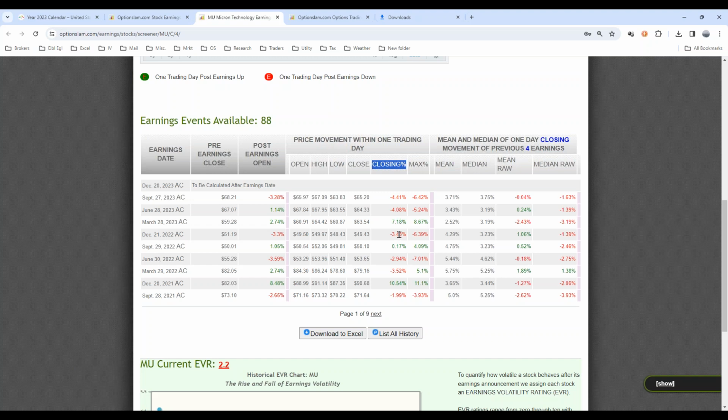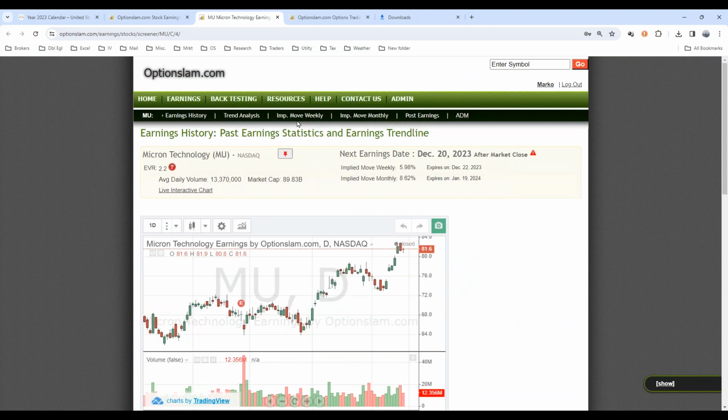There's a big move. 3.4, almost nothing, less than almost 0%. A 3%, a 3.5%. There's a fairly good move for Micron. But you can see that's the biggest move on the sheet. Now we have 9 more pages of data, but let's move on to the implied move page.